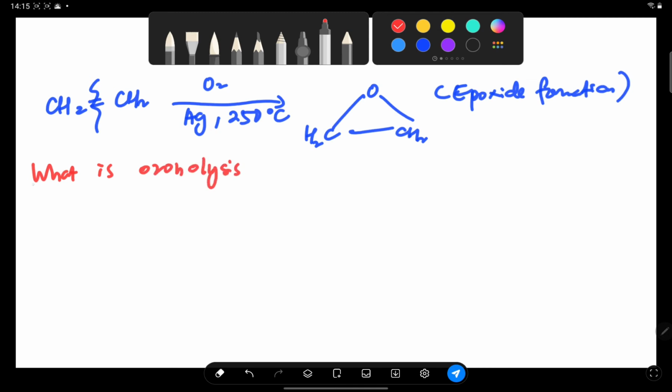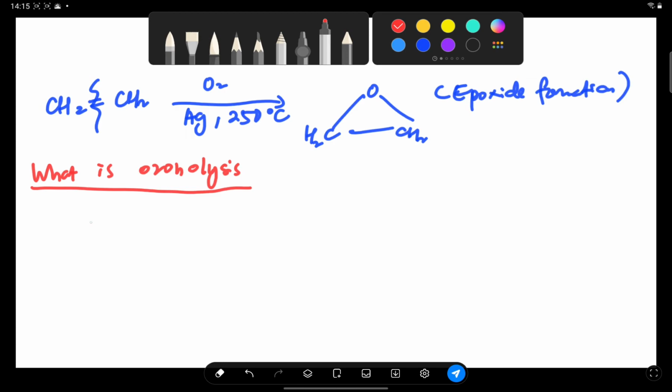Okay, what is ozonolysis? Ozonolysis is another type of reaction of alkene, which is you react with ozone in the presence of zinc as a catalyst and in acidic condition.